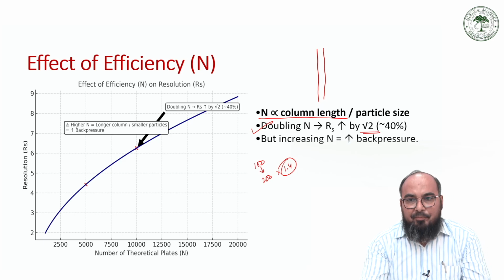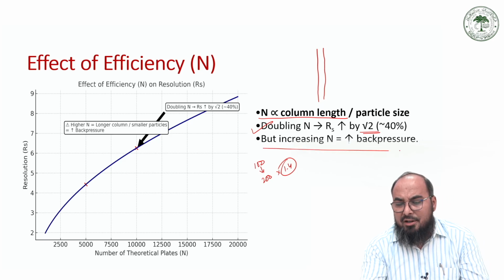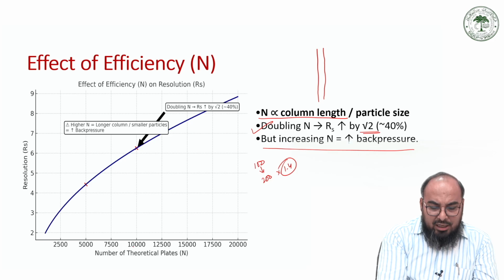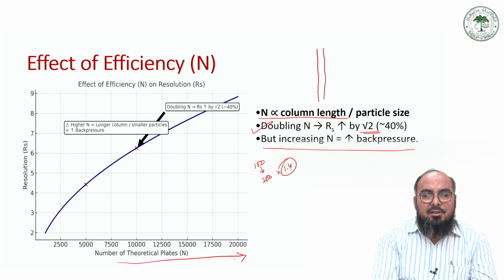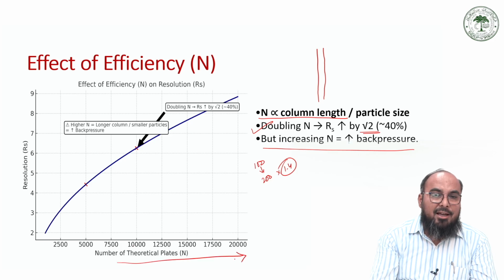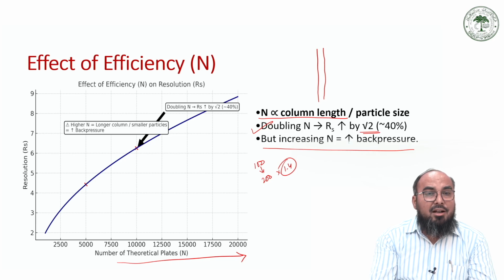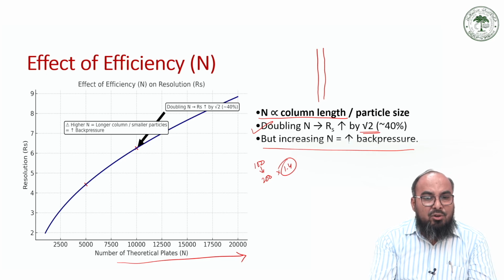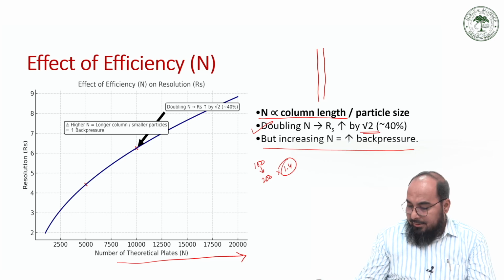And of course, sometimes on increasing n you have a back pressure also. The number of theoretical plates is very high in GC and HPLC, but there you have restricted your time. So you have to fine tune the number of theoretical plates with the time also.